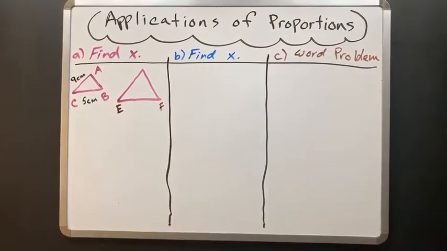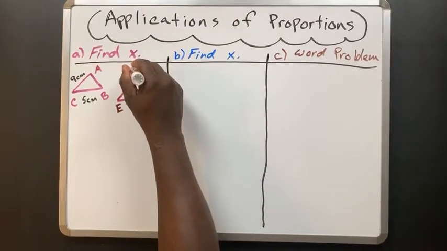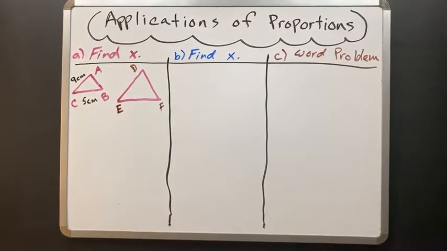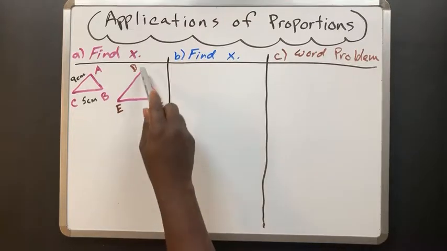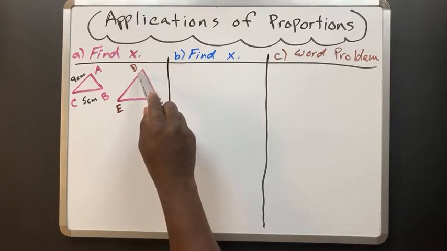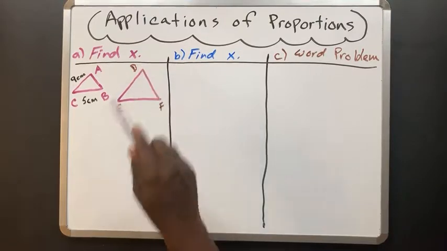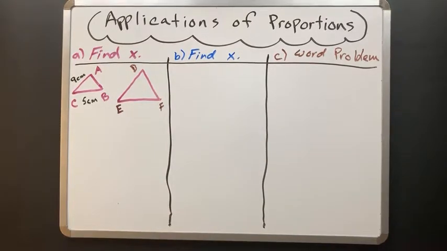F, and D. Right here, those three vertices. A vertex is the point where two lines meet, that forms an angle. So this is vertex D. Building a little vocabulary here.